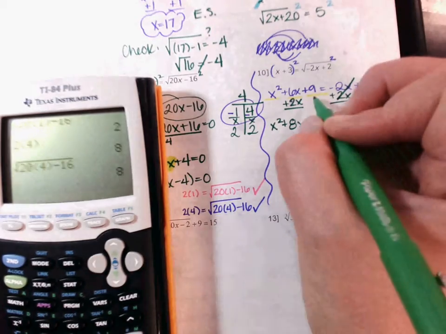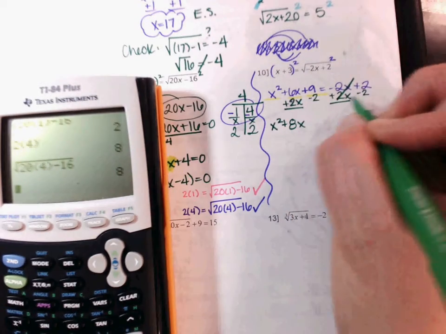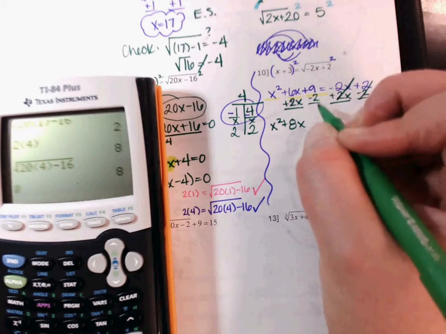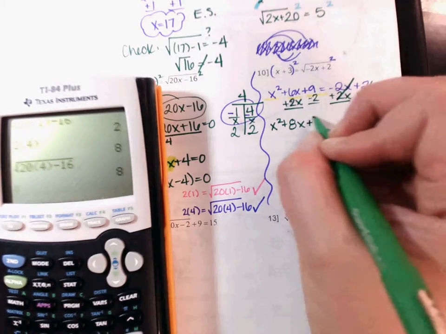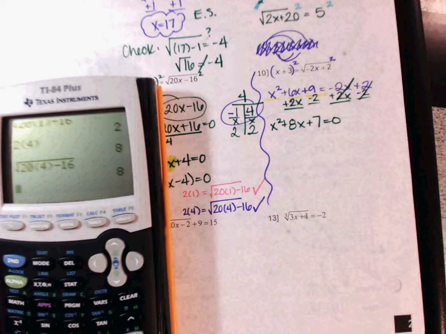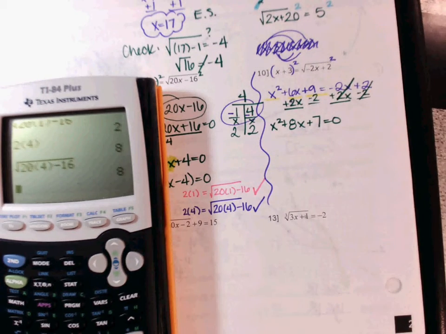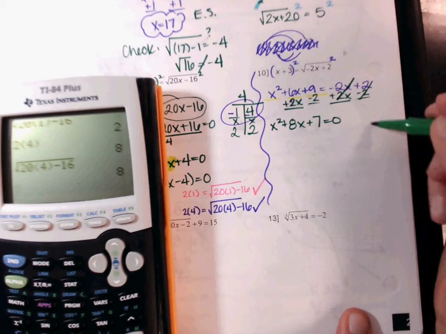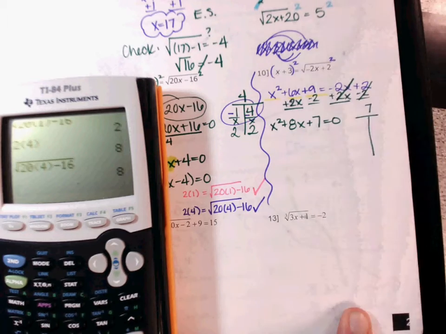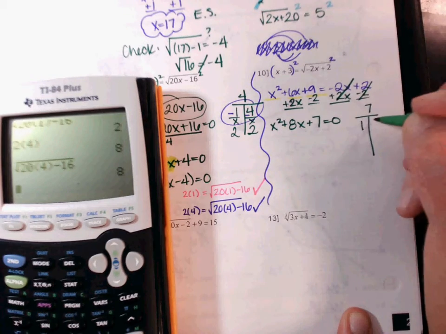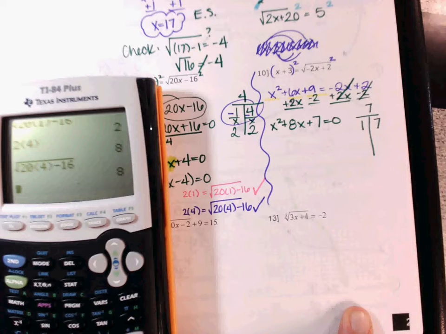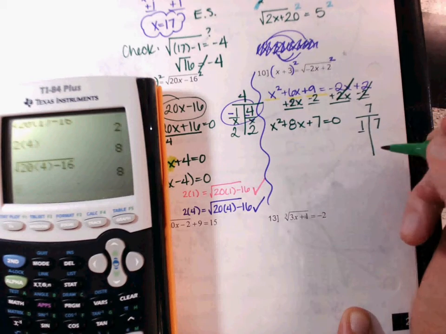I'm going to do it in the same step. Minus 2 minus 2. 9 minus 2 is 7. Then from there you would D-chart. So top of my chart is a 7. And then does that add to 8? Yes.